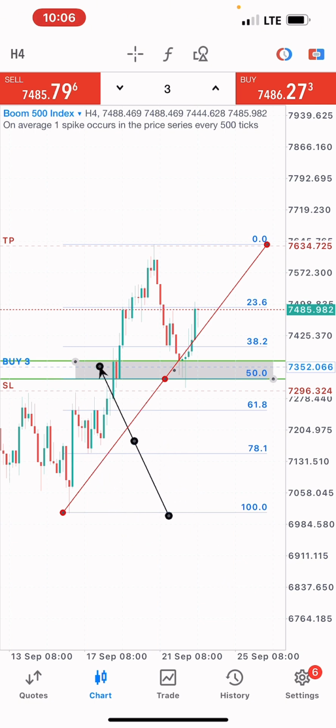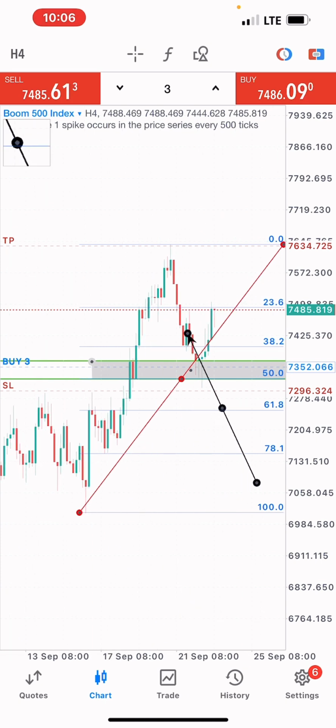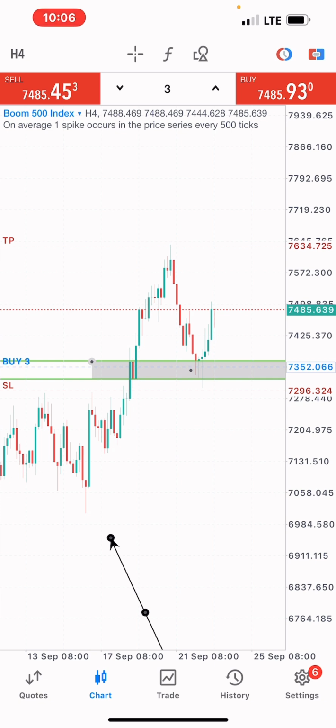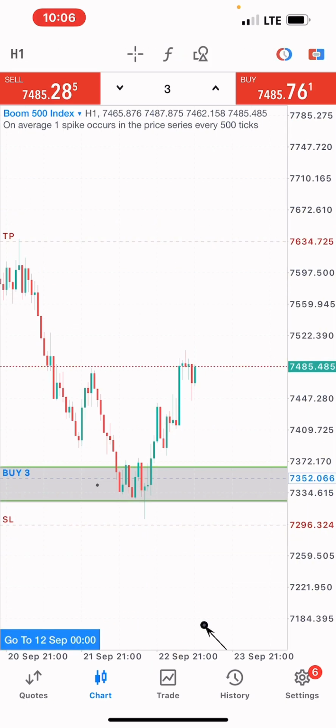So your order block coincides with the 50% level of the Fibonacci, which indicates high probability. If you get your entries from the 38% and then the 23%, that will not be sustainable. So 50% and 60% are good levels for you to pick for the market to retrace. So that's that.